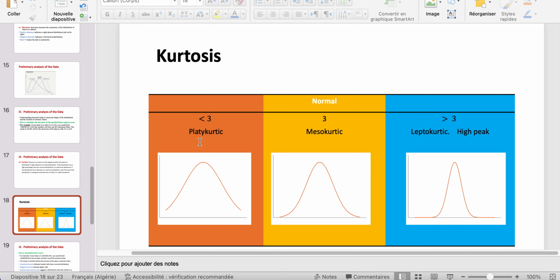For this one, our kurtosis is less than 3, so we talk about flat data. The peak is flat, so it is platykurtic. And if your kurtosis is more than 3, it means you have a high peak. So this data is called leptokurtic data.